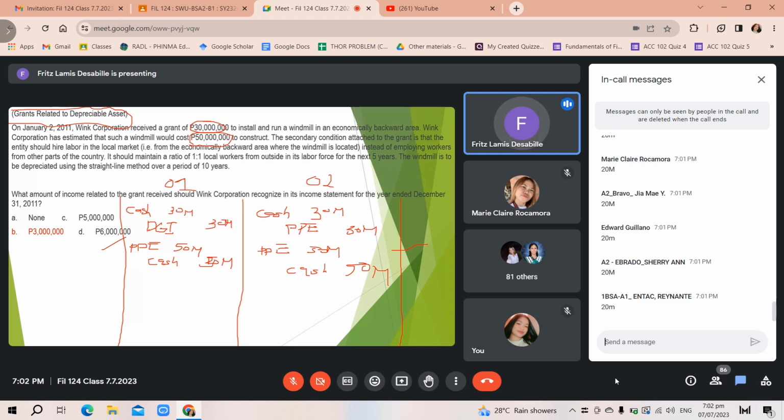So how much is the depreciation expense in option 1 in 2011? What is our depreciation in option 1?